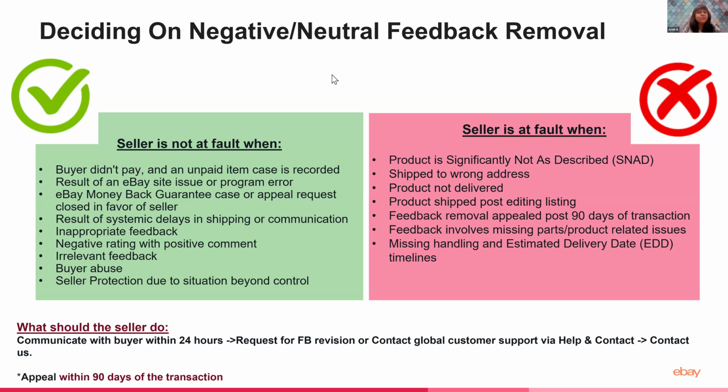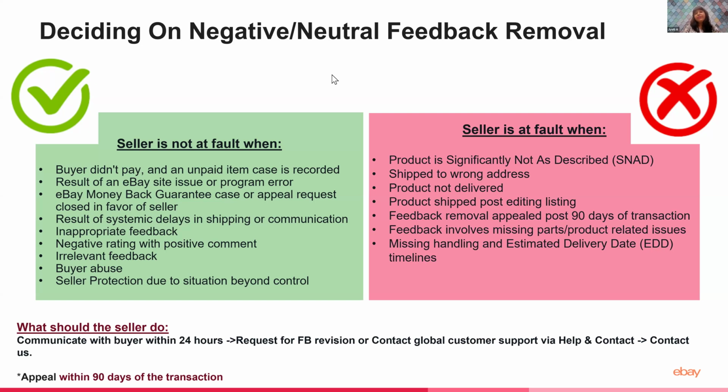Now, when will eBay consider you being at fault as a seller? Well, if the comment clearly states that the product is significantly not as described, if the comment clearly states and we know that it was shipped to a wrong address or the product was not delivered or the product was shipped after editing the listing or the feedback removal appeal was done post 90 days of transaction, we would clearly assume or rather it is understood that the seller is at fault.